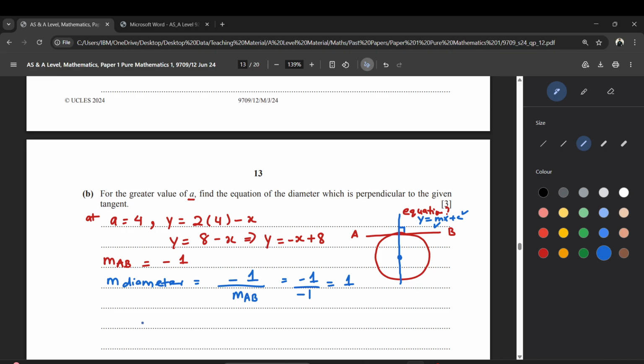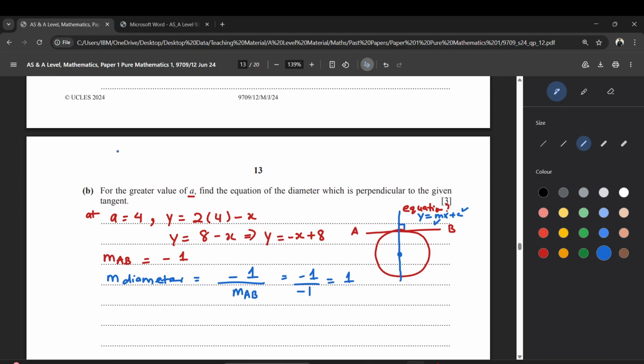Now, in your AS maths, you have studied that in coordinate geometry, if you have the gradient and you have one coordinate, you can use this equation, y minus y1 equals m times x minus x1. So you don't even have to know the y-intercept. If you do not know the y-intercept, you can directly have a coordinate and have your gradient, then you can find out the equation as well. So that means I need to find a coordinate through which my diameter passes through, and we know that the diameter is going to pass through the center of the circle.